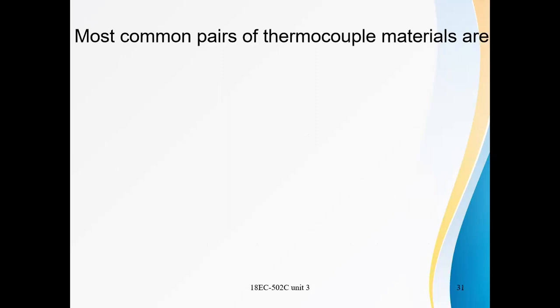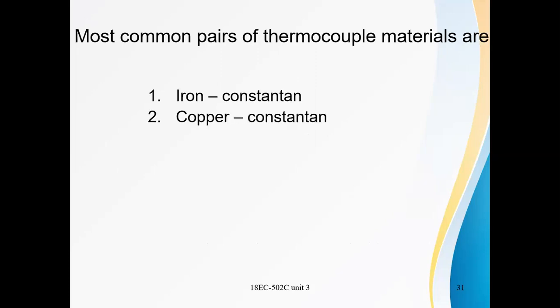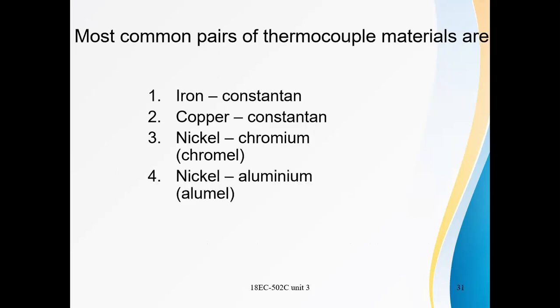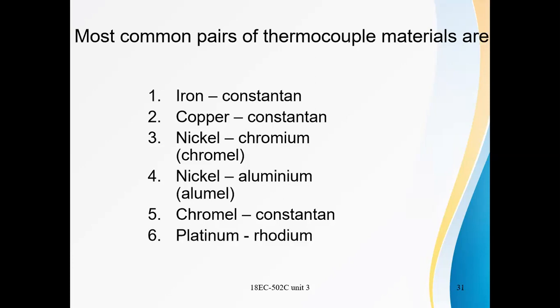The most common pairs of thermocouple materials, that is, the two dissimilar metals we can use, are iron and constantan, copper and constantan, nickel and chromium, nickel and aluminum, chromium and constantan, and platinum and rhodium.